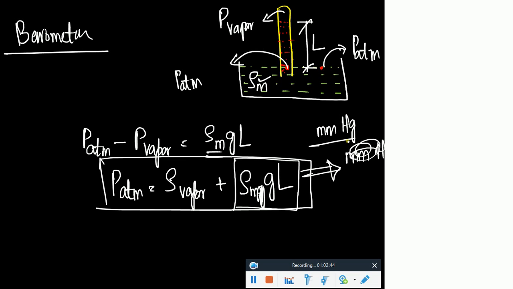No, P vapor means because there would be some pressure, so some vapors inside this empty box. Generally there is mercury inside this body. Because there is mercury, mercury evaporates, and obviously if you put it in an inverted way, those vapors would exert some pressure on it, right? So that's how it is defined.